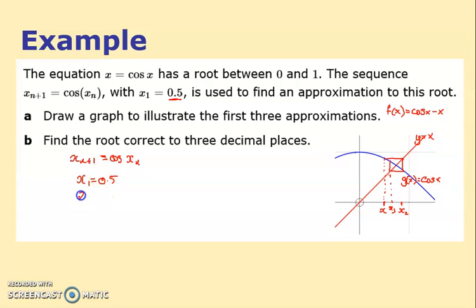So x2 equals 0.8. It says 3 decimal places, 877. I'm going to say 6. Press it again. I get 0.6390. And look, that's an example of it jumping from one side. It goes up to there, down to 0.63.